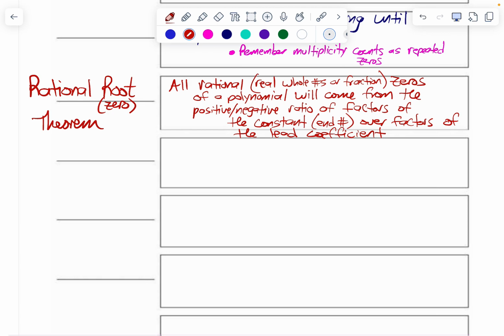Factors of the number at the end divided by factors of the lead coefficient, which is usually a small number, so those factor lists are usually pretty short.